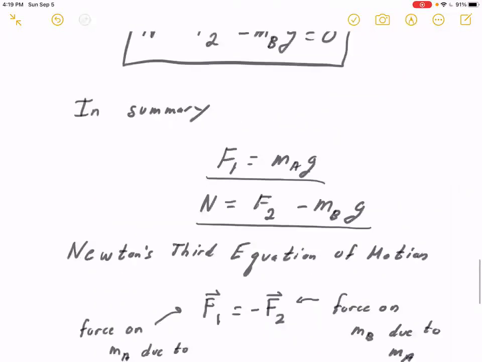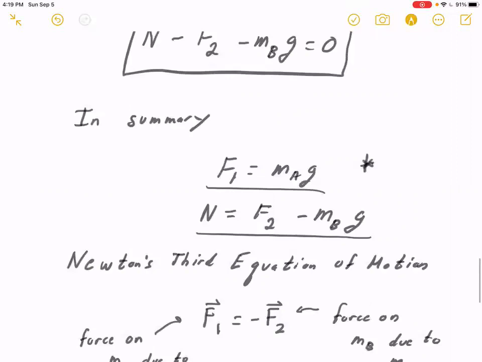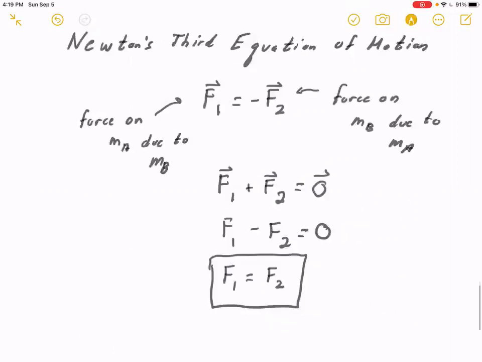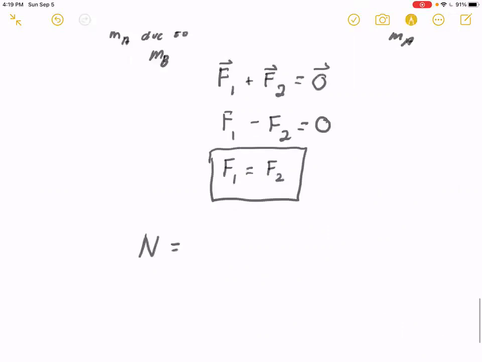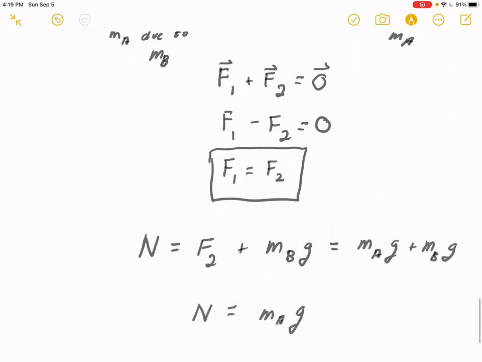So I can take this equation, combine it with that equation, and that'll tell me that N equals F sub 2 plus M sub B G, and that equals M sub A G plus M sub B G, or that the normal force in the system is just the sum of these two terms.